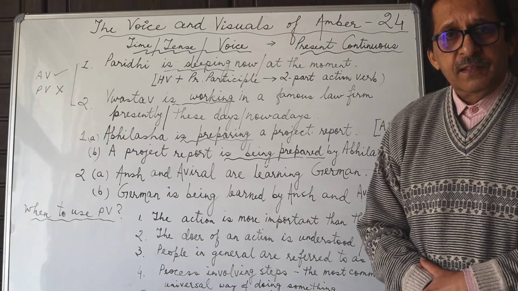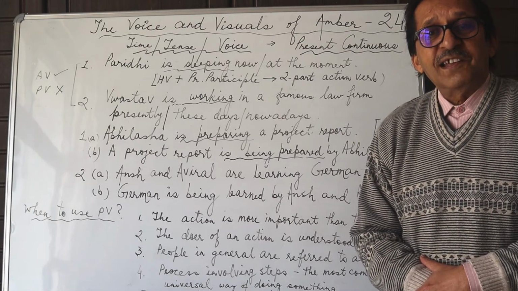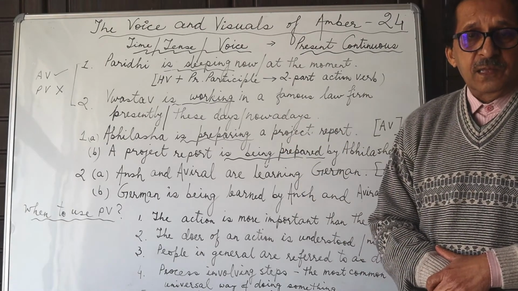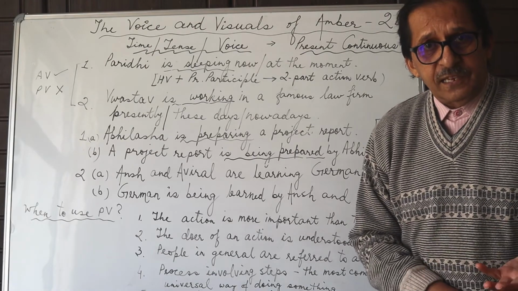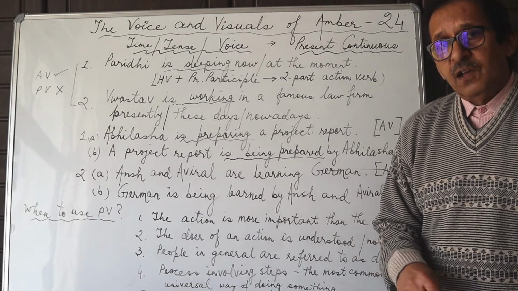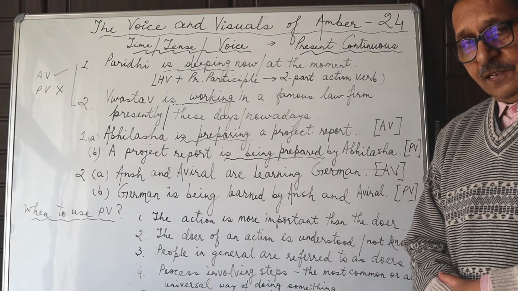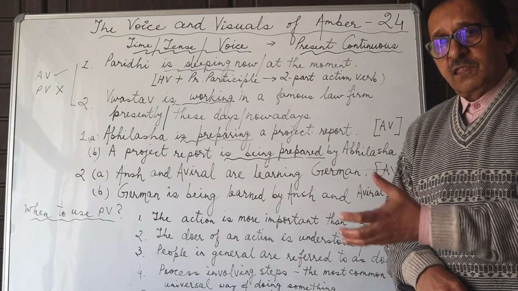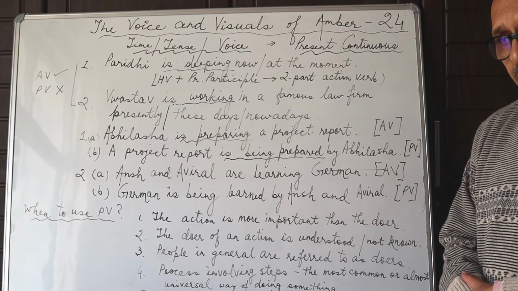For example, that notorious criminal was arrested. The police arrested the thieves. Now, who will arrest the thieves? The police. It's understood. Therefore, that particular sentence can be in the passive voice. That is, the notorious thief was arrested by the local police.